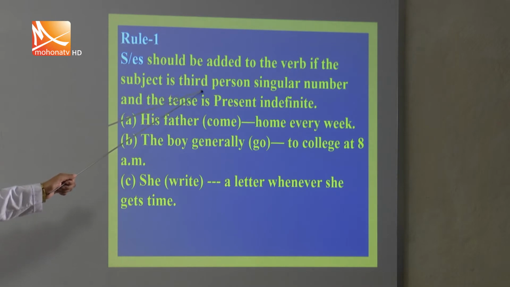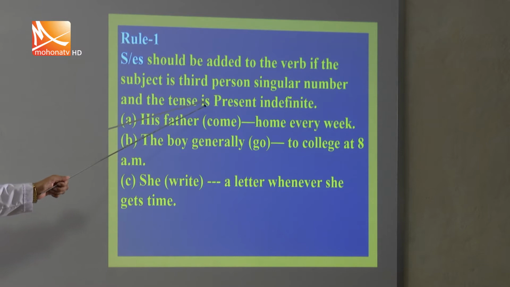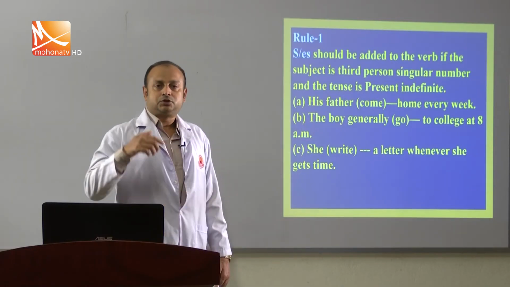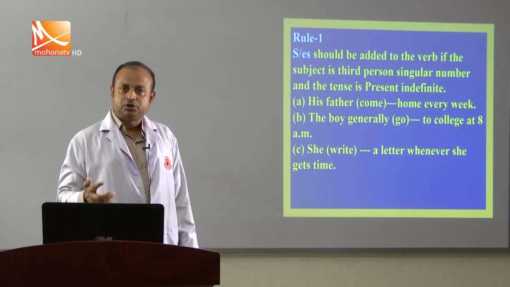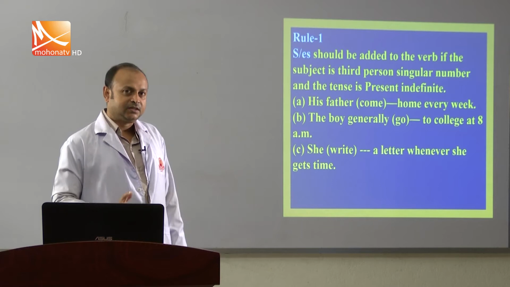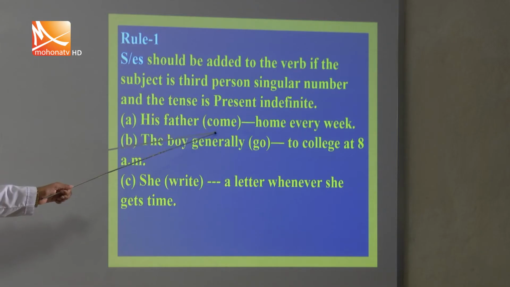The subject should be third person singular number and the tense should be present indefinite. So, if the two conditions are fulfilled in a sentence, then we can use s or es with the verb.